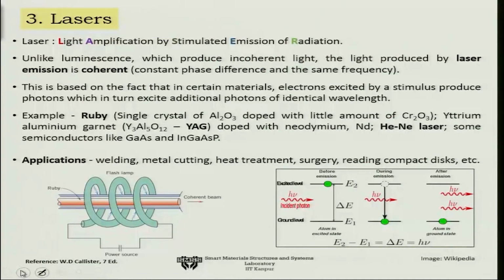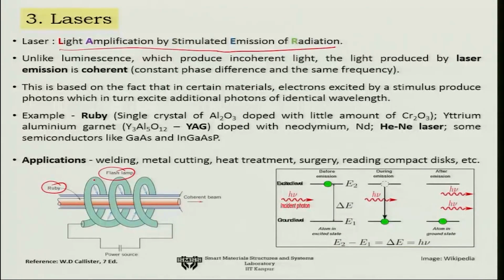The third and the most important one, and towards the end of this course we will show you some of these applications, is the laser, which is light amplification by stimulated emission of radiation. For example, in this case you have a ruby crystal and a flash lamp from which you are providing energy to the system.